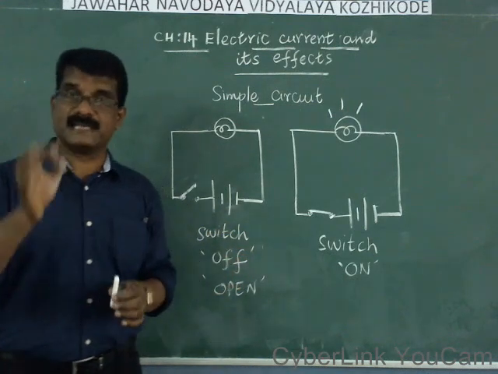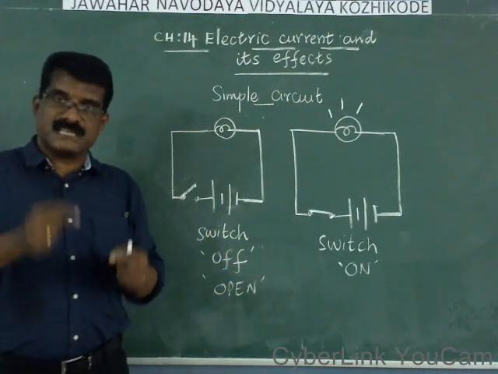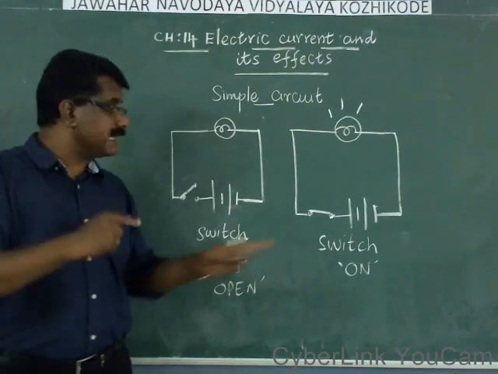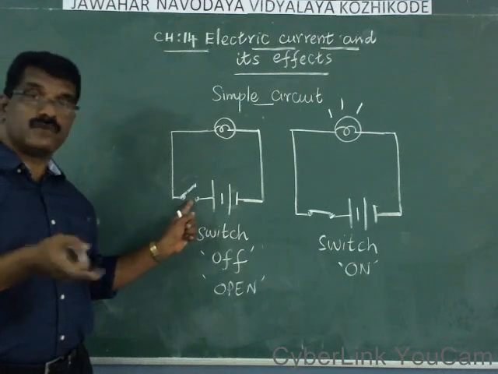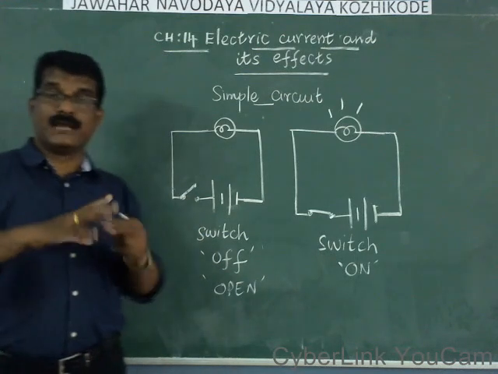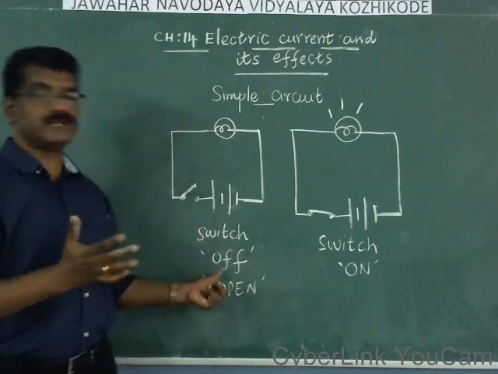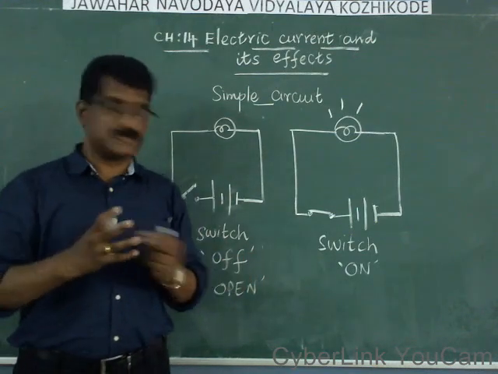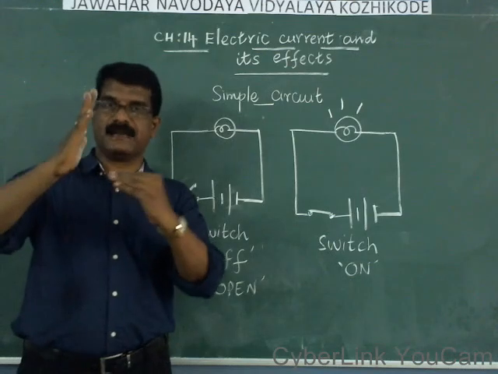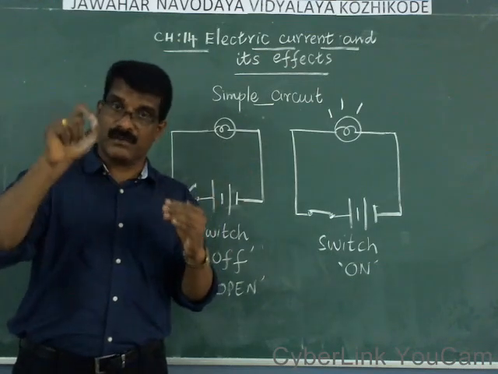That's all we can say, that the circuit in which the electric current flows is a closed circuit. The circuit in which the electricity will not flow is an open circuit, or the circuit is in switch off position.